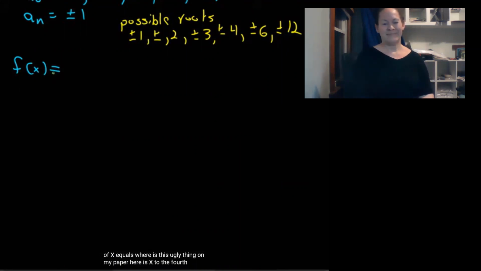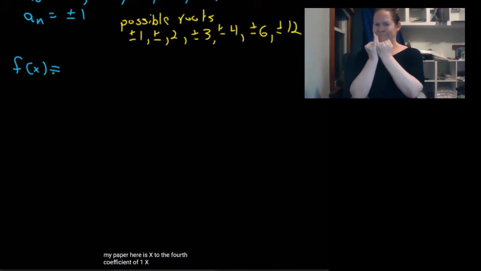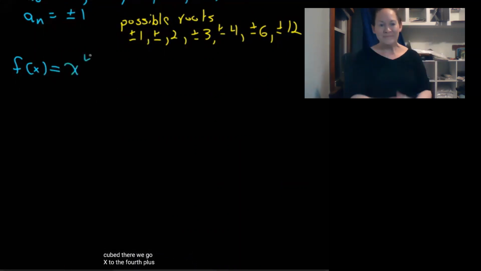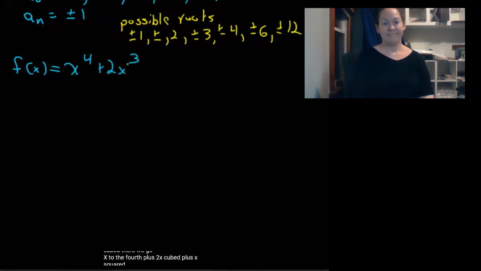X to the 4th, coefficient of 1. There we go. X to the 4th plus 2x cubed plus x squared plus 8x minus 12.